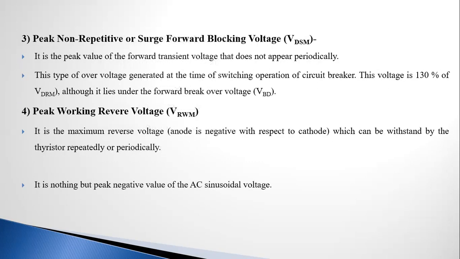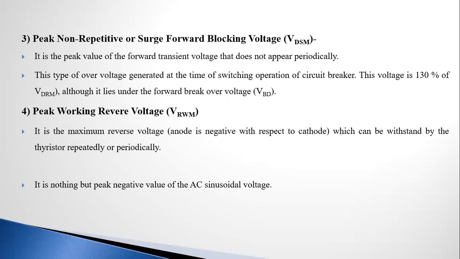Now the third one is the peak non-repetitive or surge forward blocking voltage, identified by VDSM. It is the peak value of the forward transient voltage that does not appear periodically. This type of overvoltage is generated at the time of switching operation of a circuit breaker.